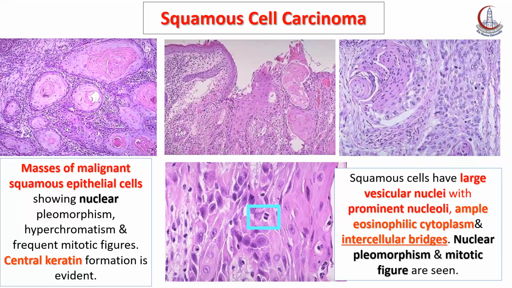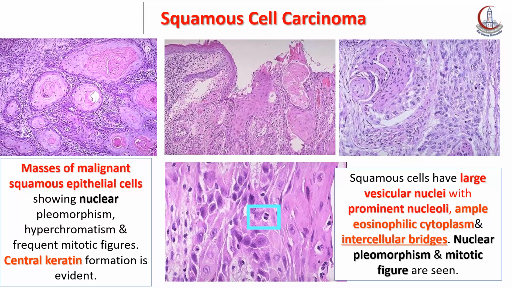Squamous cell carcinoma can be divided into well-differentiated, moderately differentiated, and poorly differentiated according to keratin formation, nuclear polymorphism, and mitotic figures. We have here a high power showing scattered groups of malignant squamous cells with central keratinization.